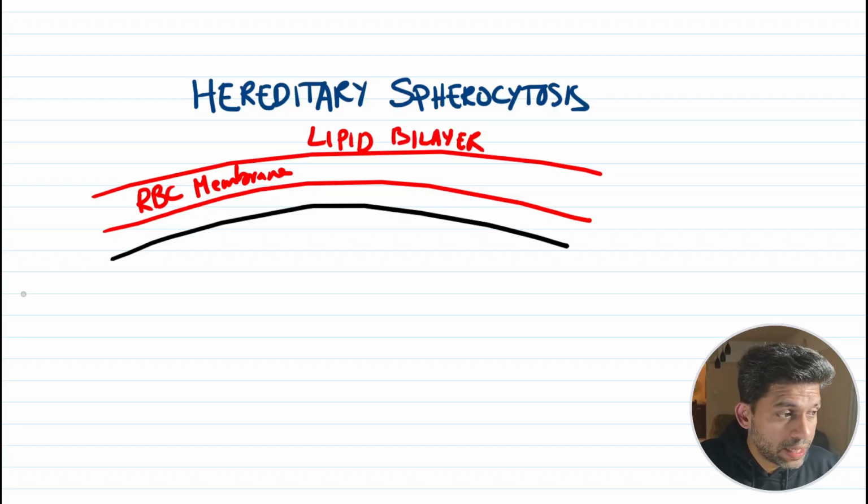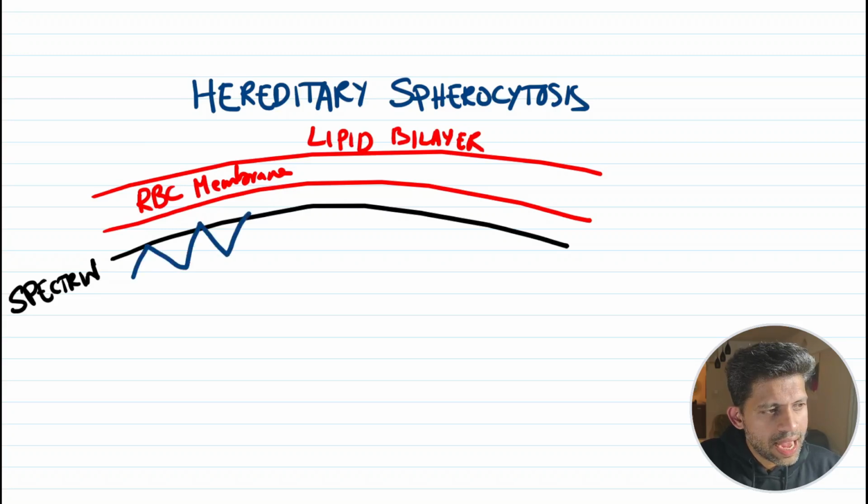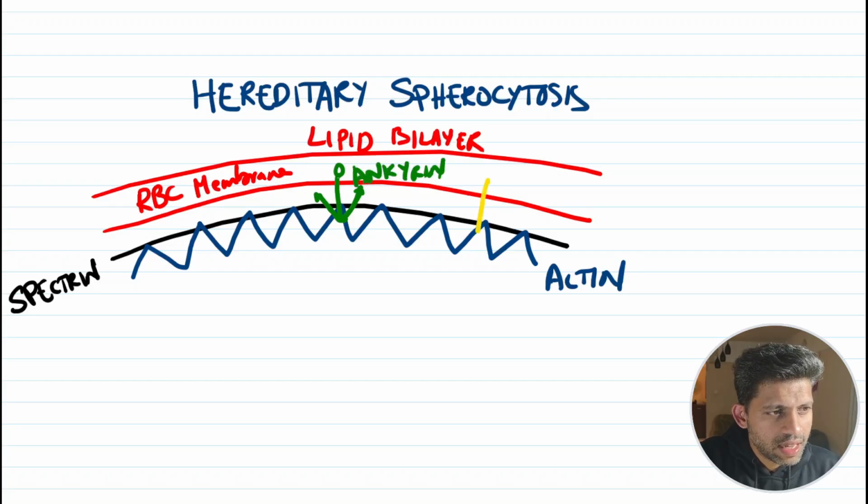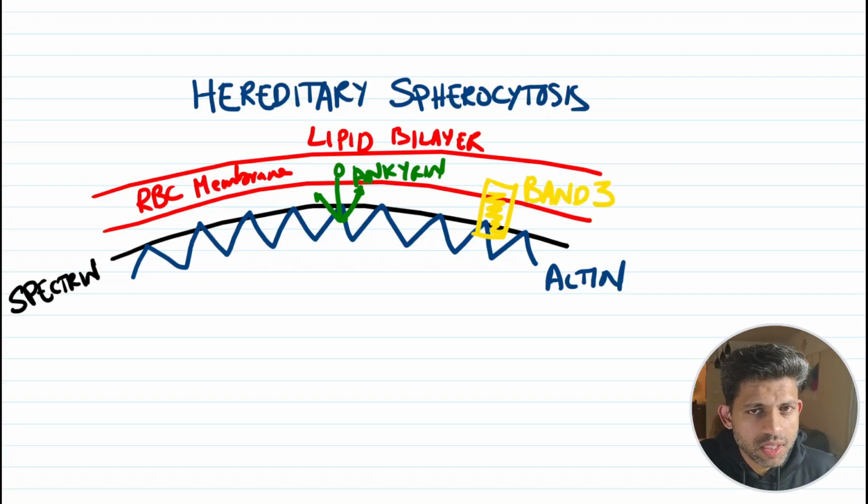One is spectrin, along with actin. Spectrin and actin are attached to the lipid bilayer with the help of ankyrin and band 3. So these are the most important proteins.